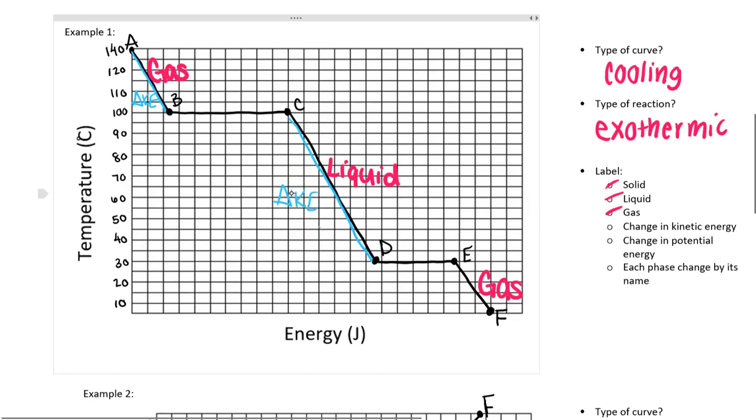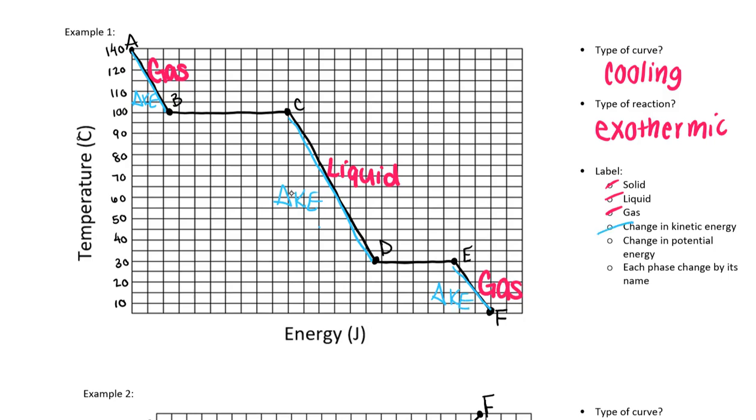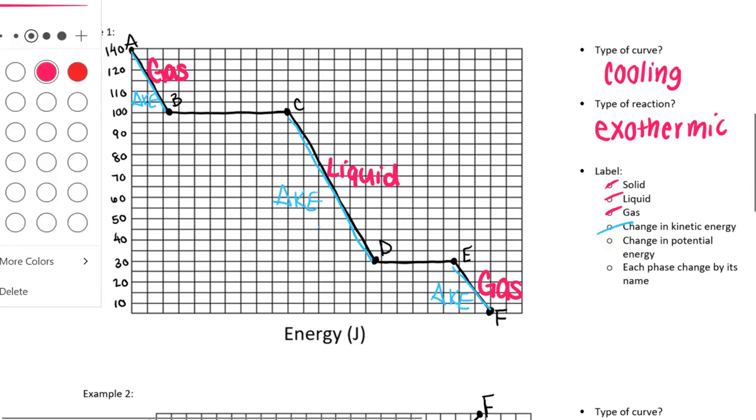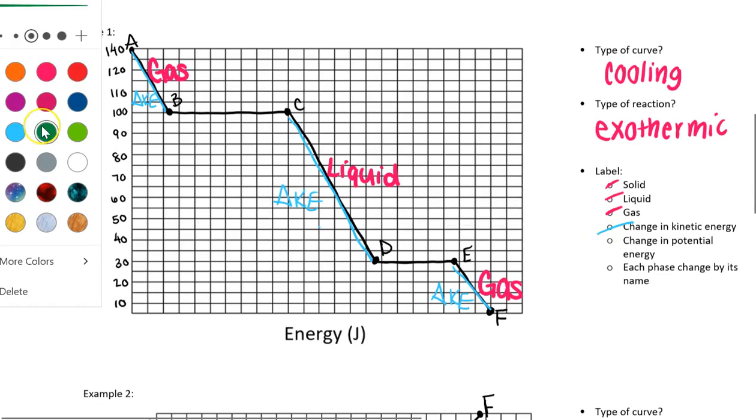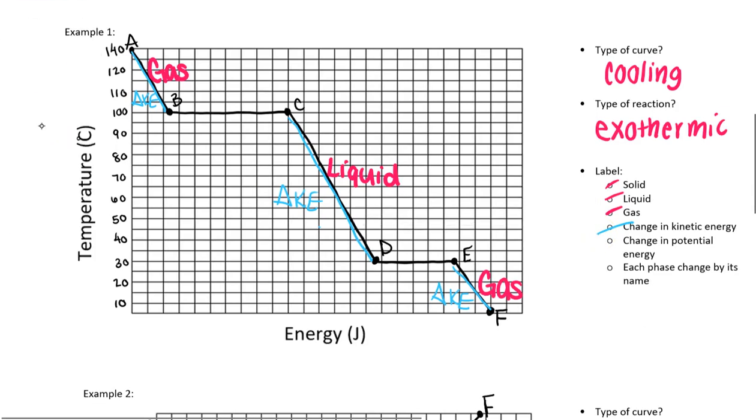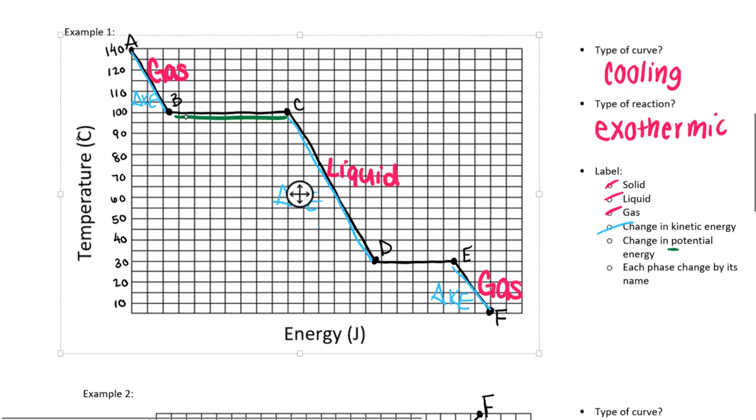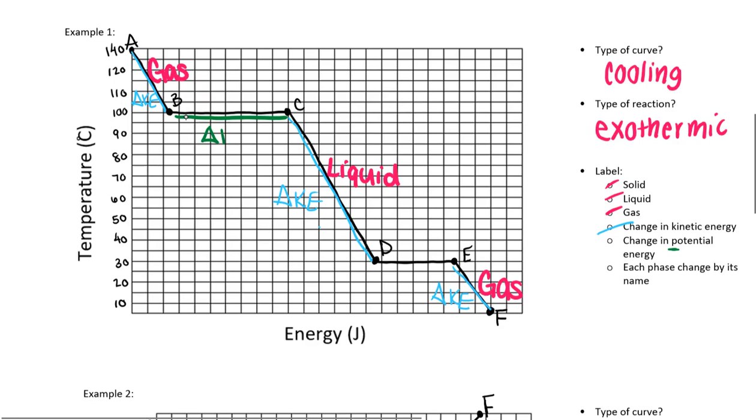So all of those diagonals are going to be my changes in kinetic energy. All right, remember everything that starts with the letter P goes together. So we are going to have a potential energy change when we have a plateau, which is just those horizontal flat portions.